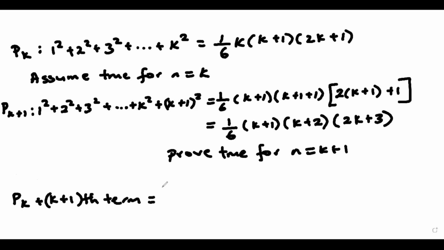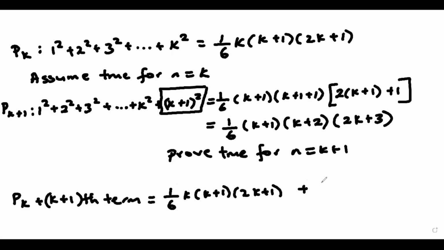And pk was 1 over 6 k plus 1, 2k plus 1, plus the k plus 1th term, which would be this here, which is k plus 1 squared.